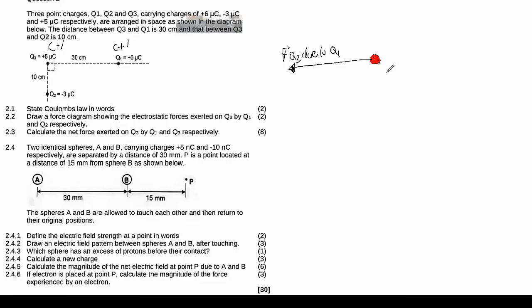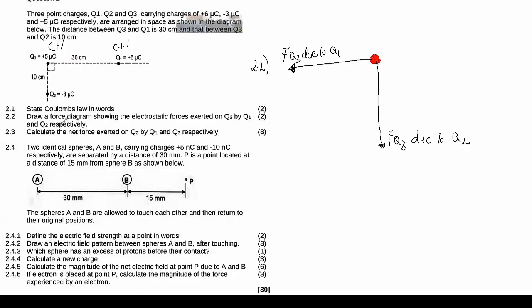So that means Q3 will be attracted towards Q2 because remember, unlike charges attract, right? So there we go. Our force diagram will just look like that. And then this one is the force of Q3 due to Q2. So that's all you should indicate for 2 marks. So let's indicate this is for 2.2.